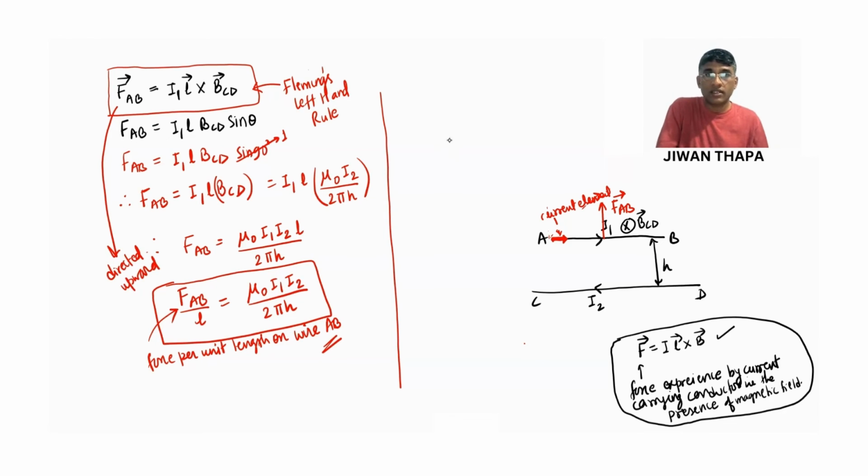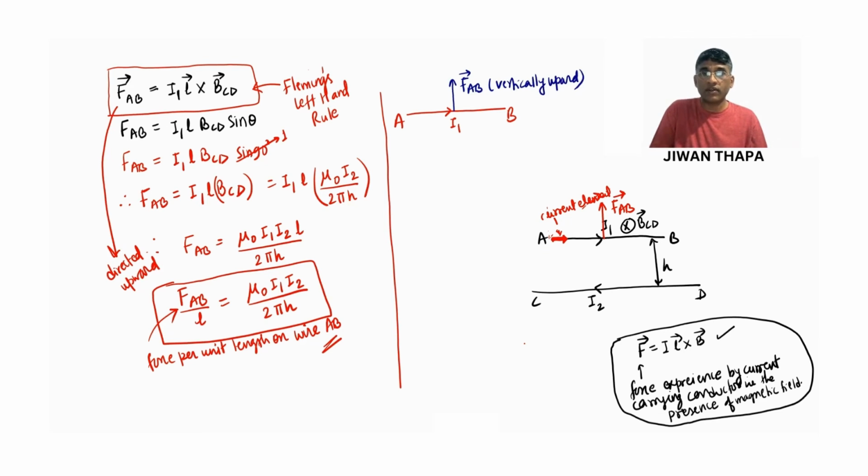So I'm drawing conductor AB. Current I1 is flowing along this direction, and force on AB acts in the vertically upward direction.